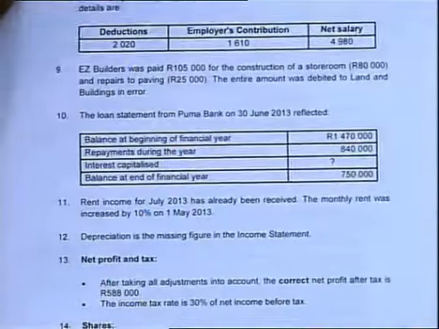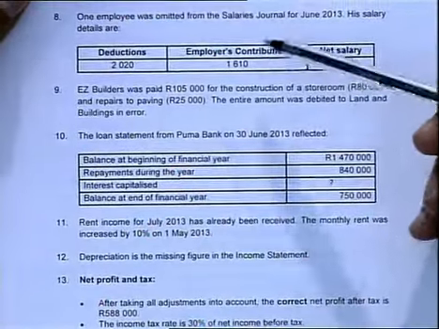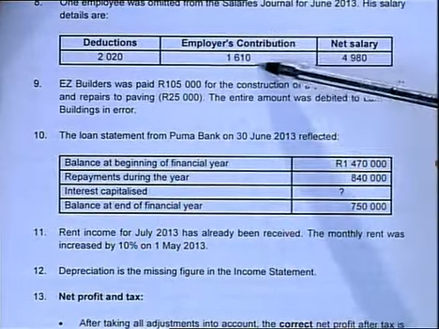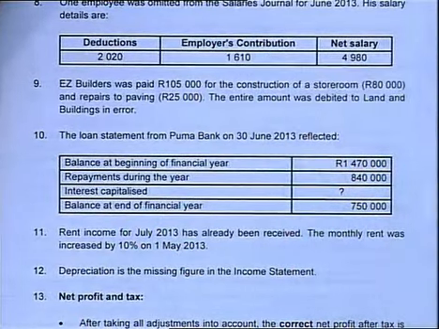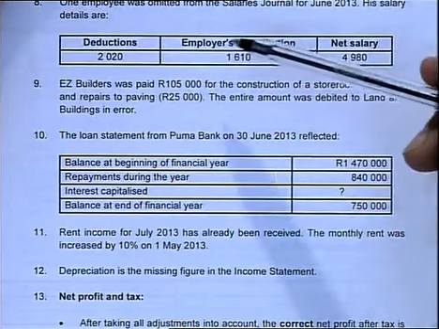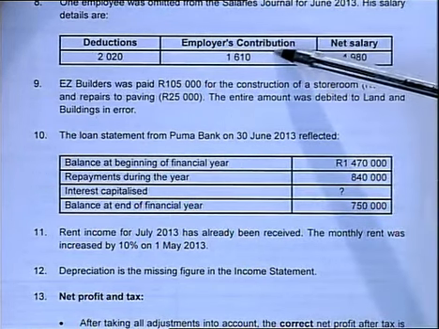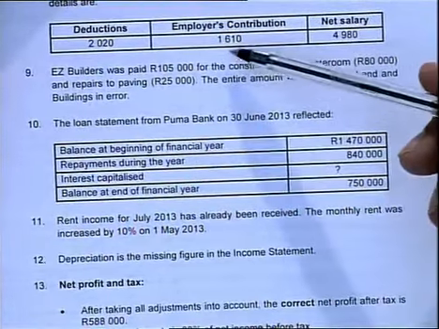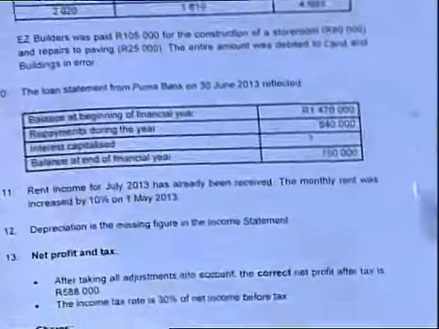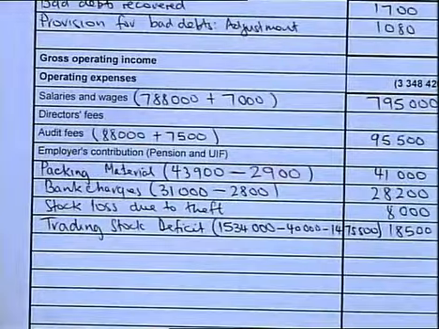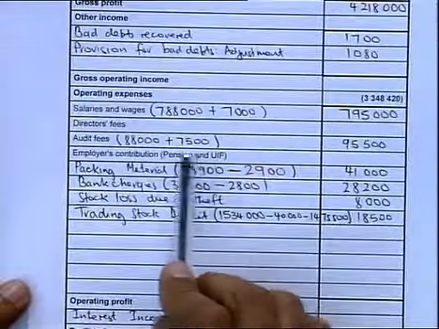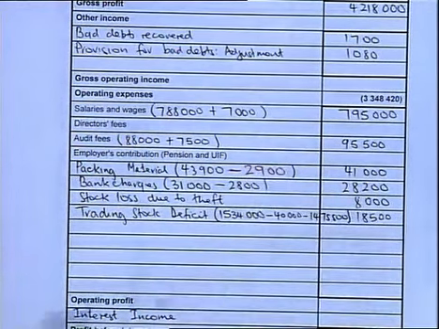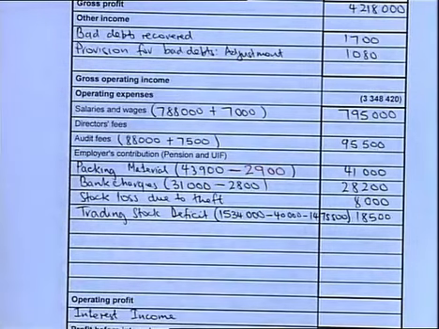Right. Then also the adjustment speaks about the employer's contribution. This is how much the company is giving towards the employees. And for the company, the employer's contribution will be regarded as an expense. So the 1,610 will appear in your income statement as employer's contribution, and you'll have to add that 1,610 to the existing total that is given.